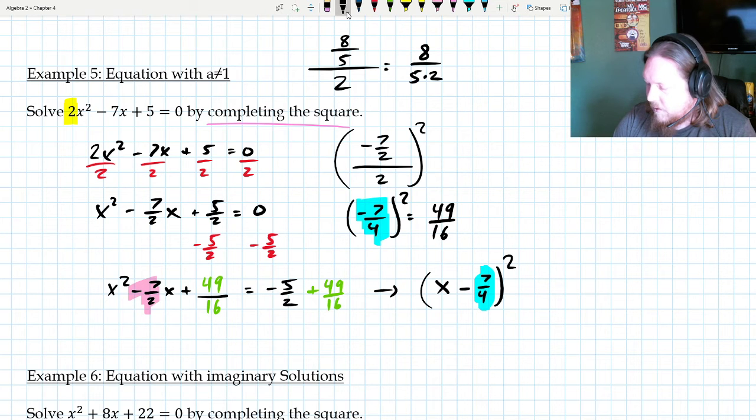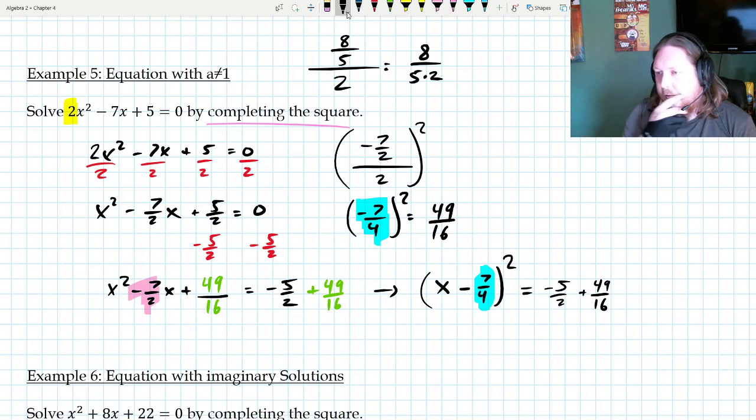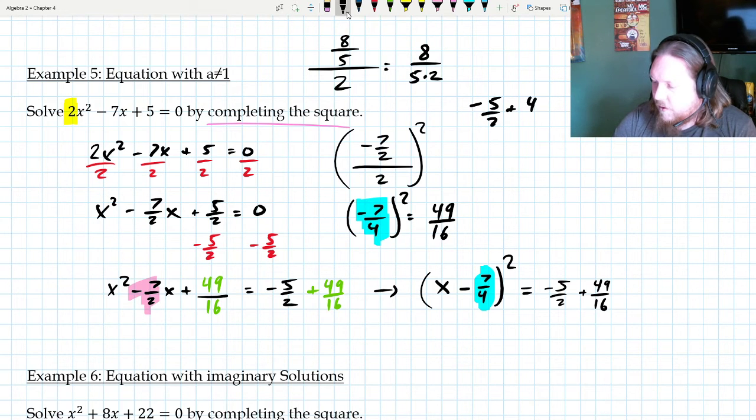Squared equals negative 5 halves plus 49/16. Now, I'm going to do that in a little side project here. Negative 5 halves plus 49/16.